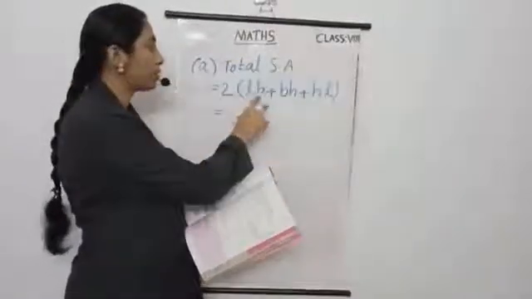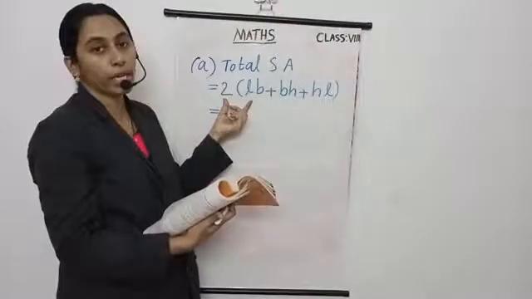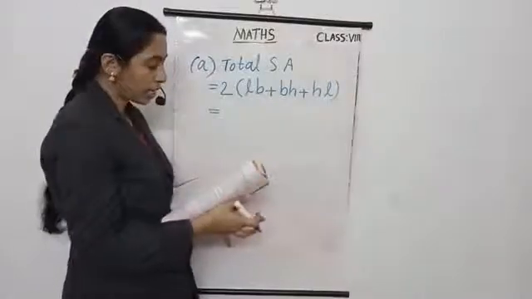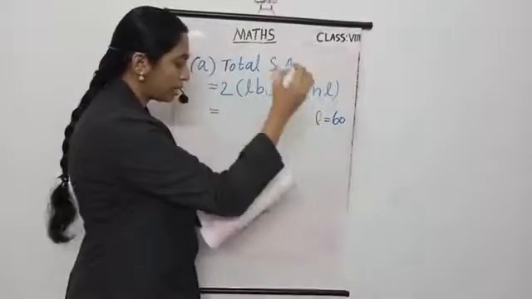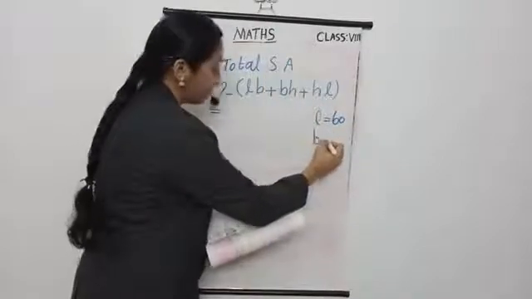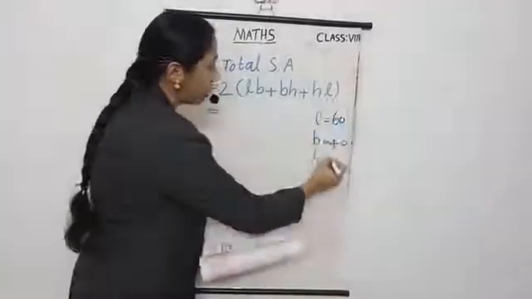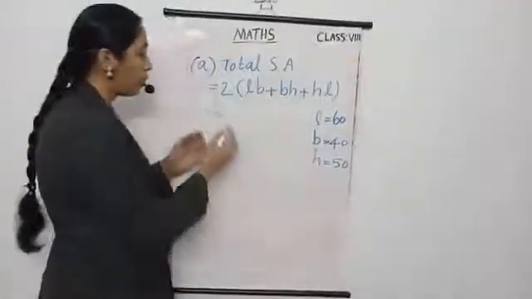The total surface area of a cuboid is 2(LB + BH + HL). Here L is 60 centimeter, breadth is 40 centimeter and height is 50 centimeter. Substitute these values in the equation.